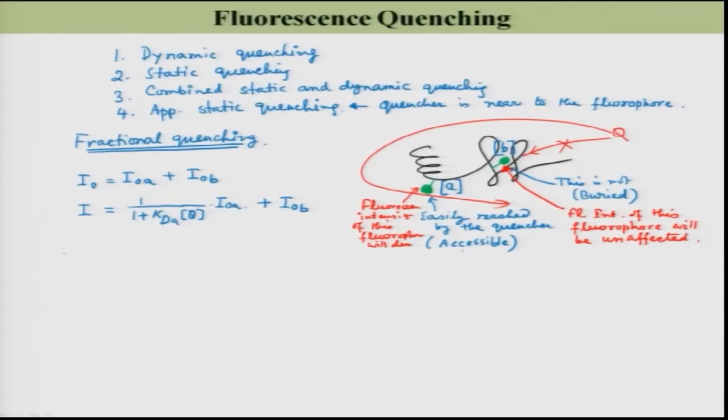So, what can I do? I can take the ratio of I0 by I as usual.